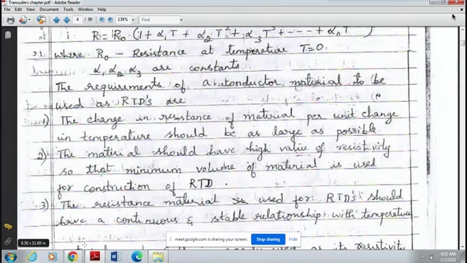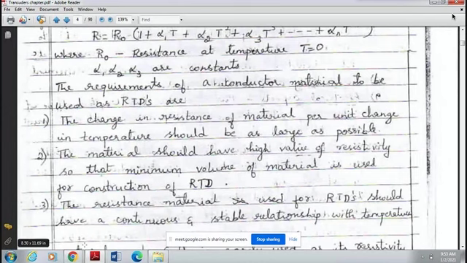Whenever there is a change in the temperature, that will be detected by the resistance of the material. So there will be a change in the resistance of the material. By using that change in the resistance, we can detect the change in the temperature. So in the case of temperature transducers, we can measure the temperature by the change in the resistance of the conductor.